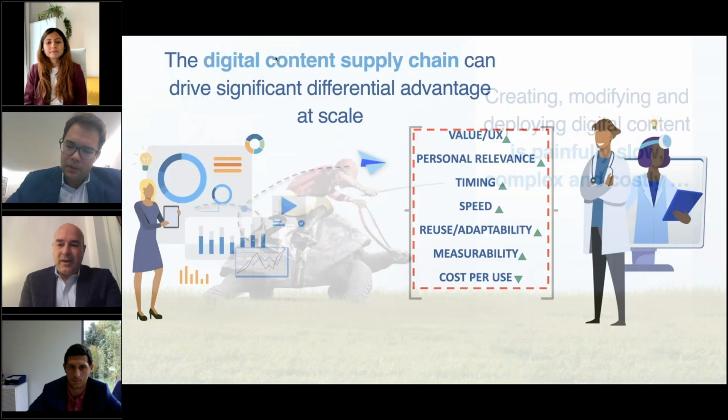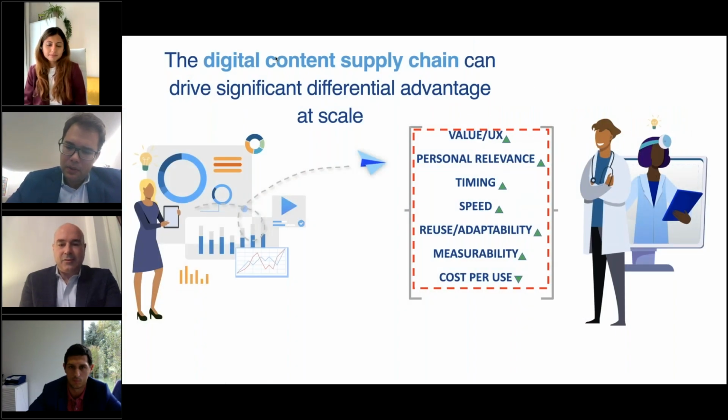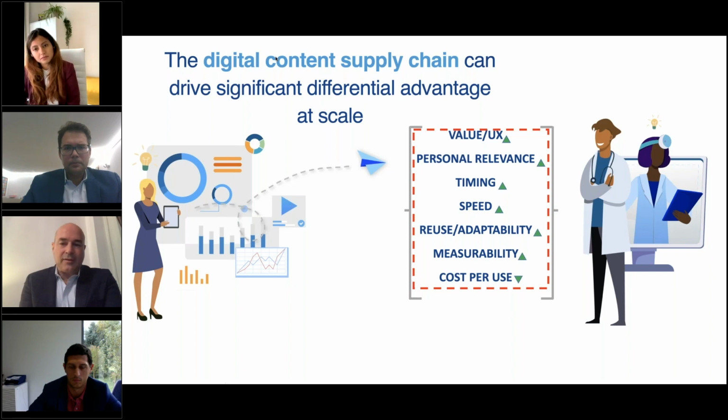What we've seen in speaking with our clients is that it really is now a digital content supply chain. It's no longer just I make content because this is the right key message. It's how do we assure that we are generating those key messages, but that we are able to reuse them as often as possible, in as many different ways as possible, across as many different markets as possible. How do we ensure the tie-ins with infrastructure and the various campaigns and marketing plans, and this notion of relevance to HCPs, as well as these key factors that drive the ability to generate content at scale that will be impactful?